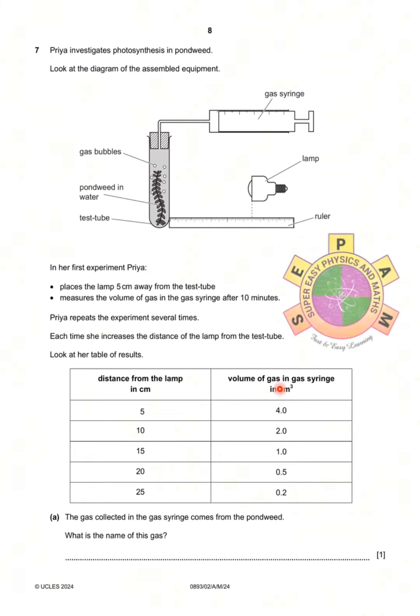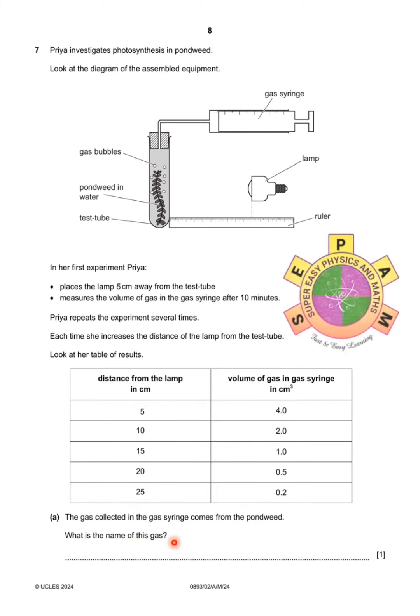So what do you observe here? As the distance of the light source, the lamp, from the pondweed increases, the volume of gas released decreases. The gas collected in the syringe comes from the pondweed.